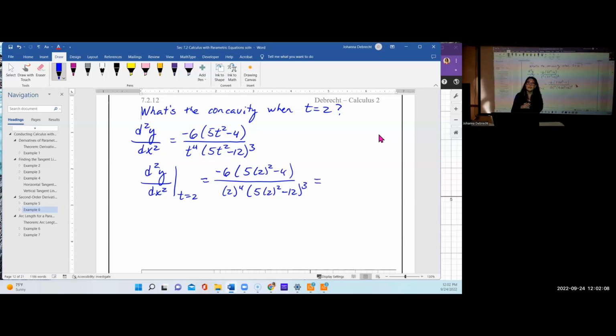And again, what we're really looking for is the sign. If it's positive, it's concave up. If it's negative, it's concave down. So that's really what we're looking for here.